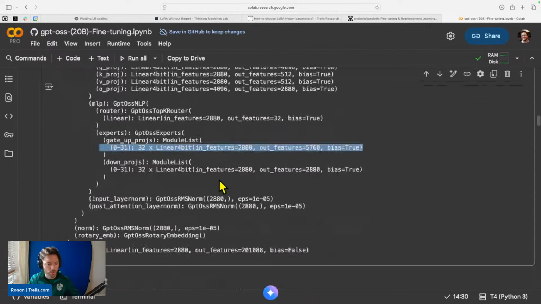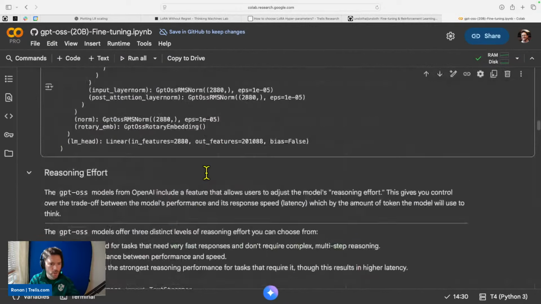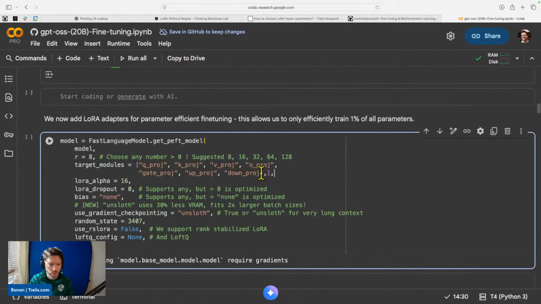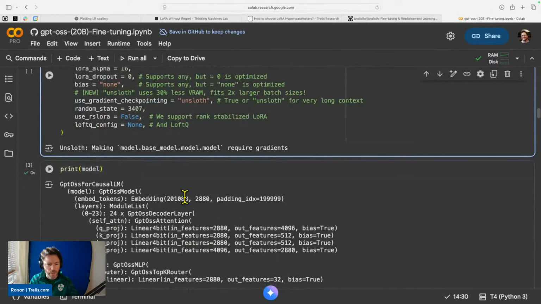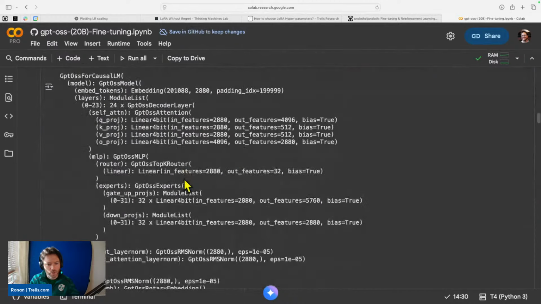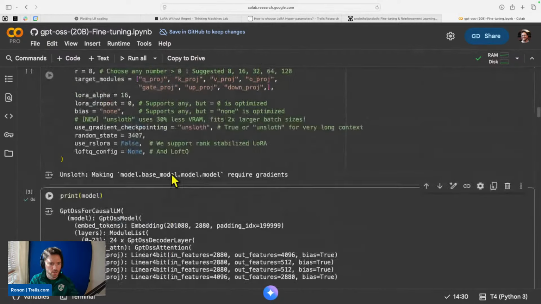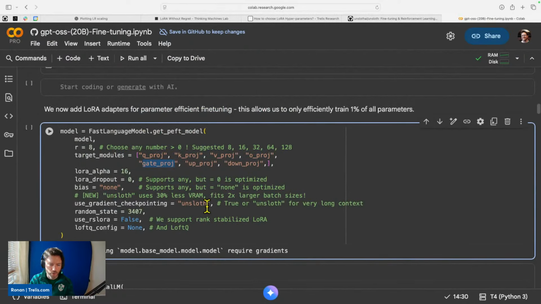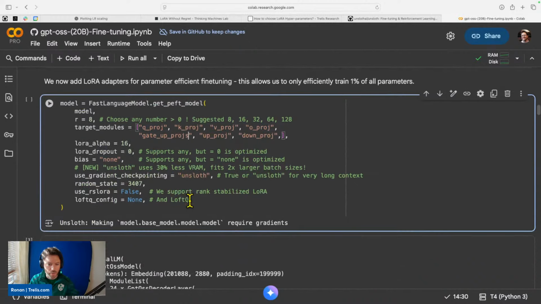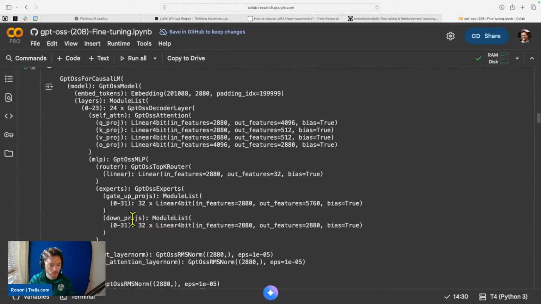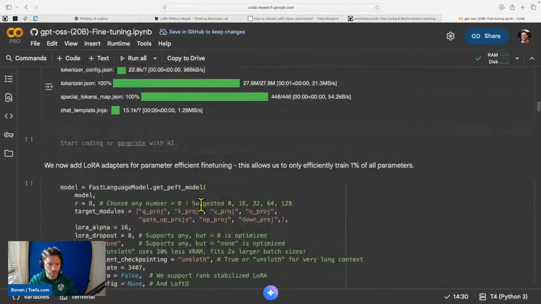And so when you go to choose what you want to tune, you need to specify that right here so that they match. And typically you would actually match that. I'm not sure if that's right. Gate proj, I think it actually should be this. And I think if you do gate proj, it won't throw an error, but it won't apply the adapters. So let's just try that. Let's just try this here.